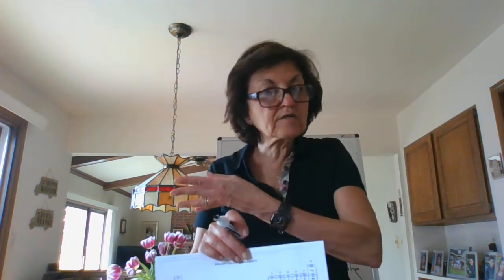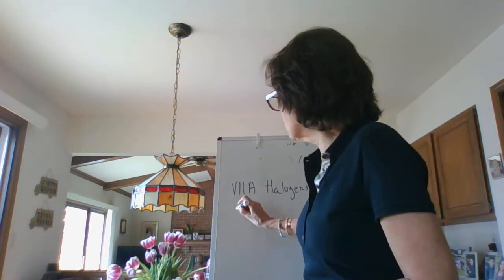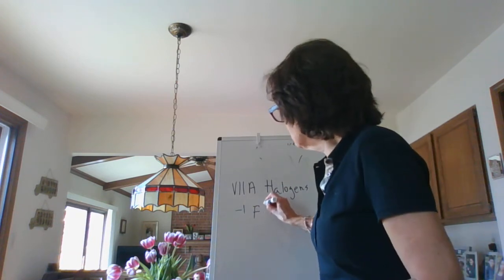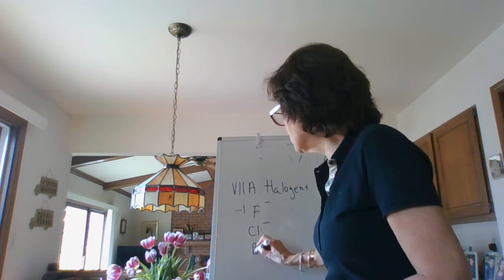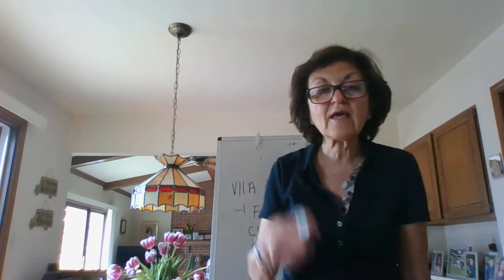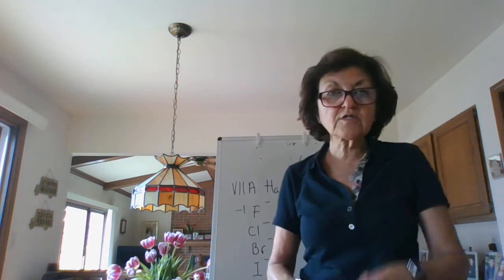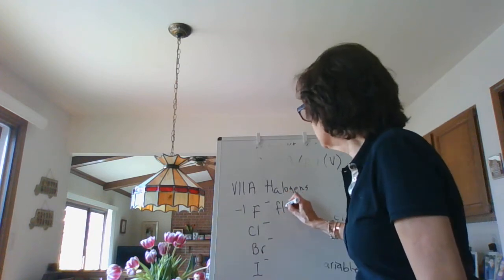The halogens have a charge when they gain electrons. They like to gain 1 electron so that they can fulfill the octet rule and look like a noble gas. And they're all going to have a -1 charge. So fluorine will have a -1. Chlorine will have a -1. Bromine will have a -1. But when they gain that electron, they change the name. So it's not called fluorine anymore. Now it's called fluoride.